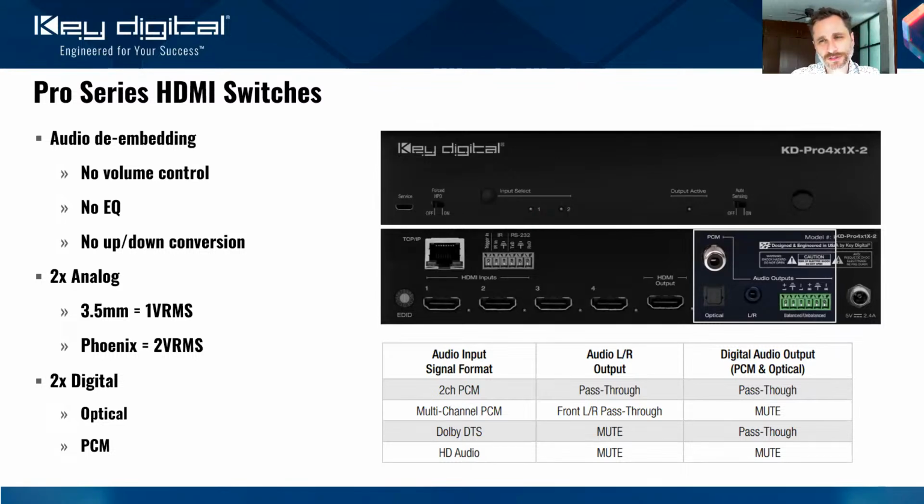And so we give you those two options there to work with to put you in the Goldilocks zone, if you will. On digital, we have optical, which is really popular for integrating with sound bars, and we have a digital PCM RCA connection.